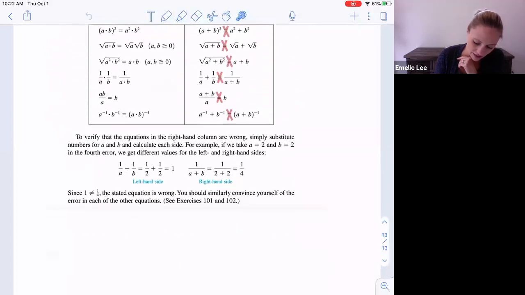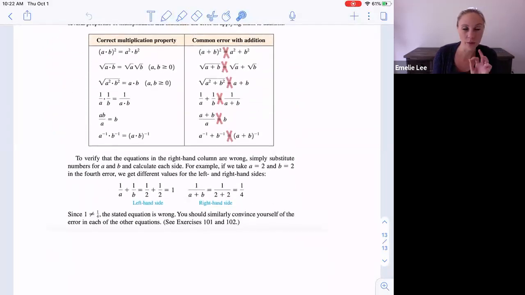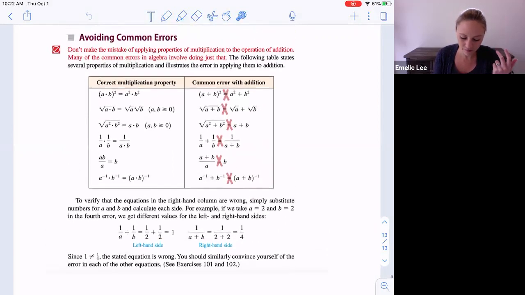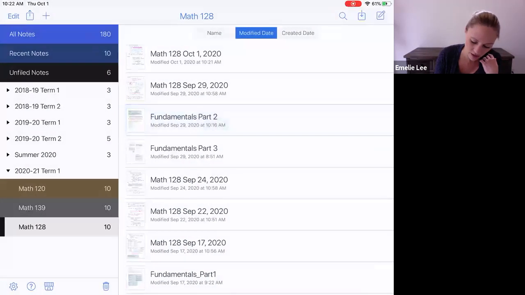Okay, so that is the end of 1.4, and we did 1.5 last day, kind of in a weird order. I'll have to rejig my notes, but that doesn't help you guys. Next week, we're gonna deal with inequalities and lines, and then that'll be the end of our fundamentals section.